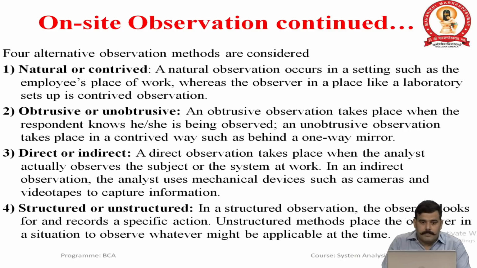Observation can be direct or indirect. A direct observation takes place when the analyst actually observes the subject of the system at work, and in an indirect observation the analyst uses mechanical devices such as cameras and videotapes to capture the information.